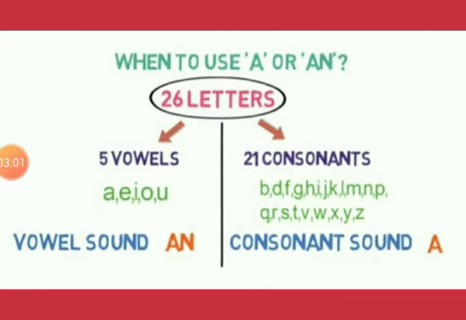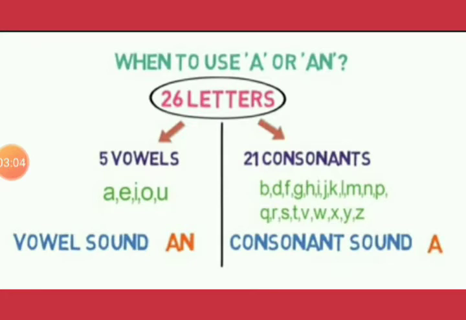There are 21 consonants: B, C, D, F, G, H, J, K, L, M, N, P, Q, R, S, T, V, W, X, Y, Z. These are called consonant sounds. We use an with a vowel sound and we use a with a consonant sound.